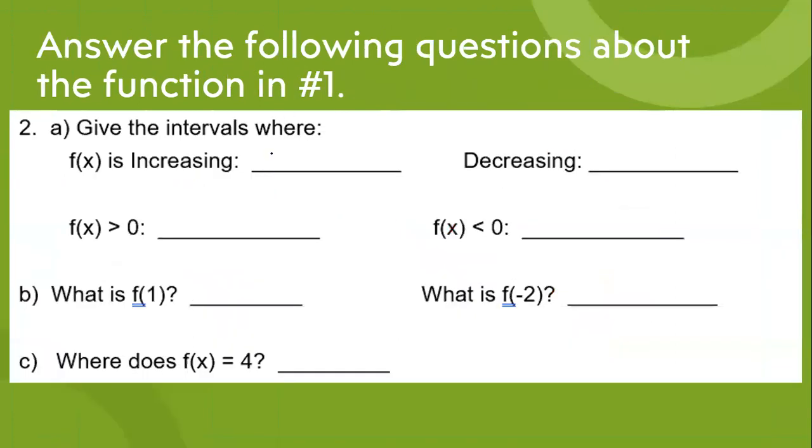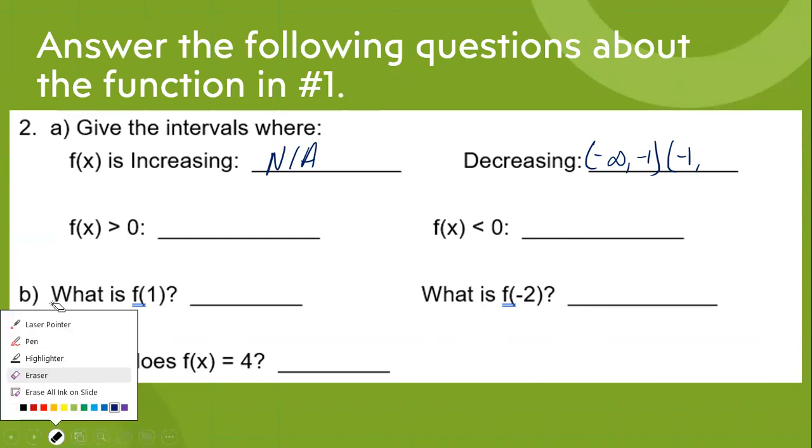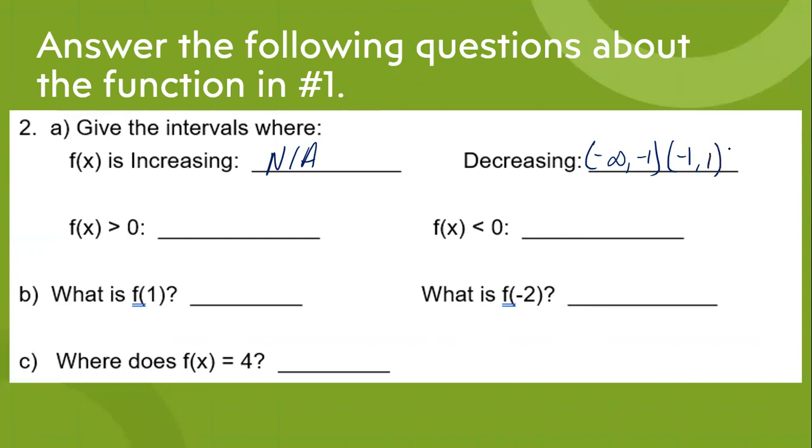So there was no interval of increase, but we did decrease from negative infinity to -1, from -1 to 1, and then from 1 to infinity. How do you feel about analyzing intervals of increase and decrease from a rational? Are we still okay? I don't hear any questions. Remember, y'all are my stoplight. If you don't want to say something, ask something, I think we're green.